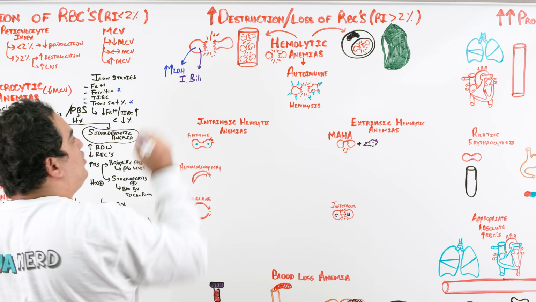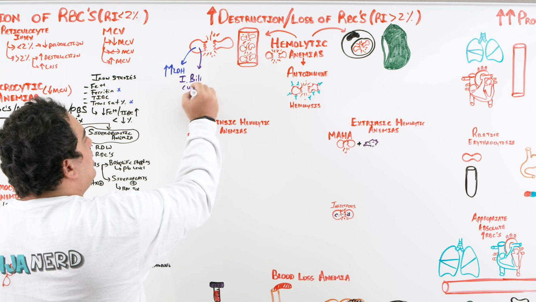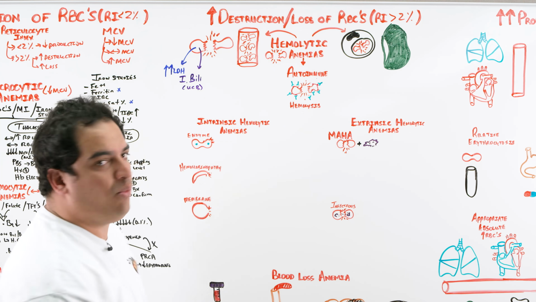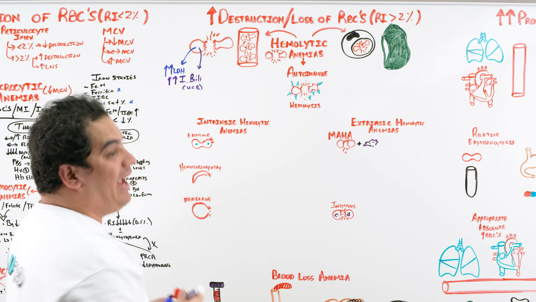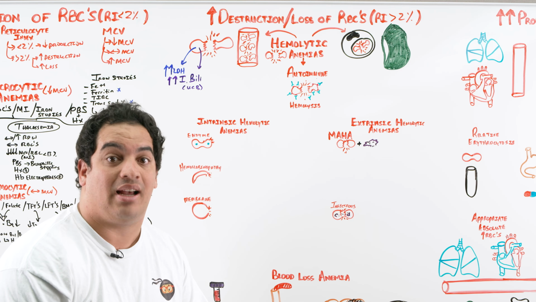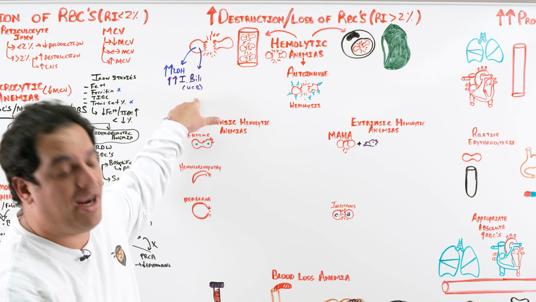Just so you know, they can be used two different ways. Indirect bilirubin, or unconjugated bilirubin, will be elevated in these patients. So they may have some jaundice-like appearance and an increase in bilirubin, but it's more the unconjugated or indirect one.